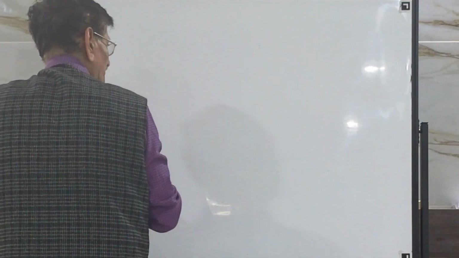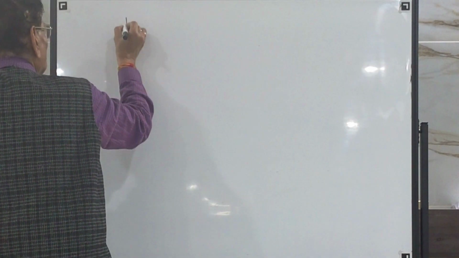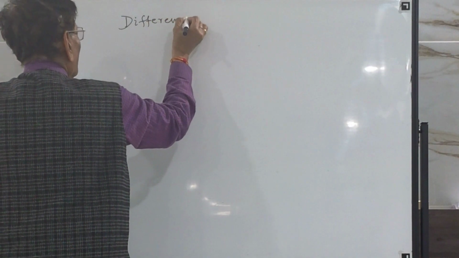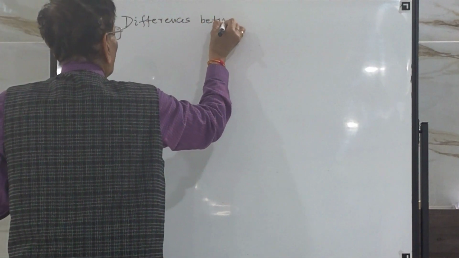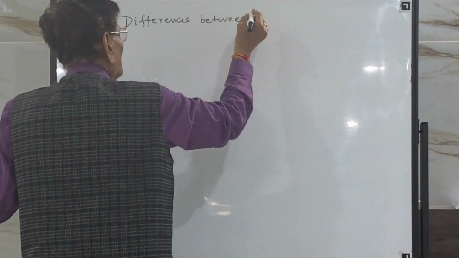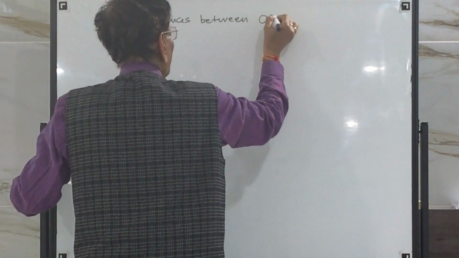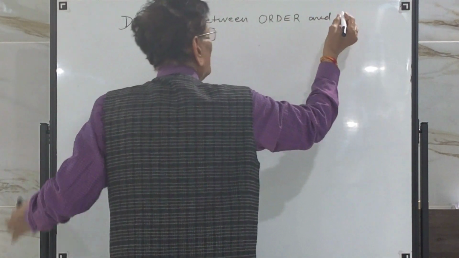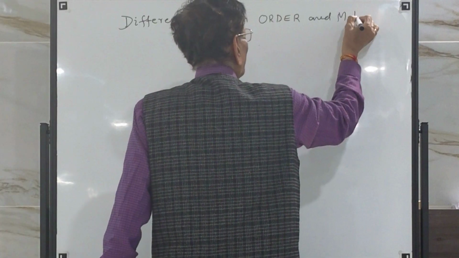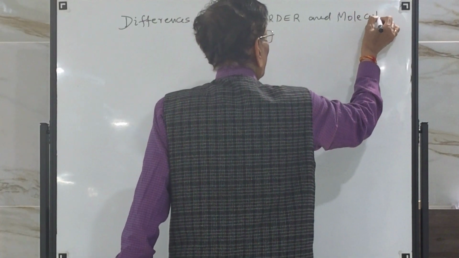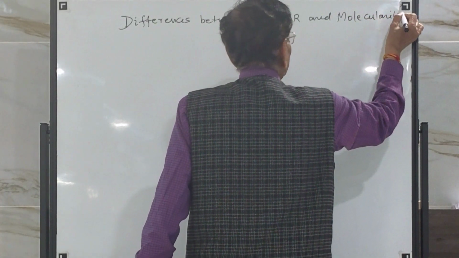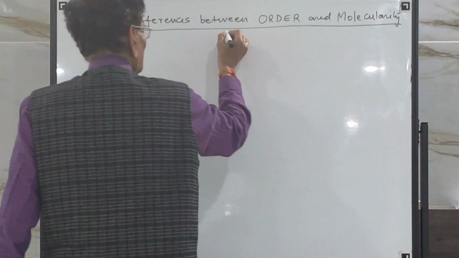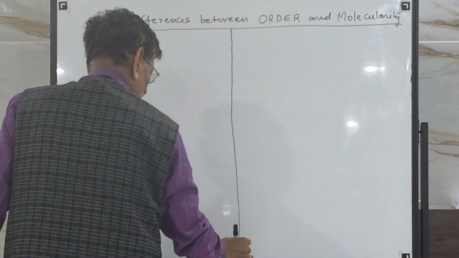Now, the next point is the difference between order and molecularity.